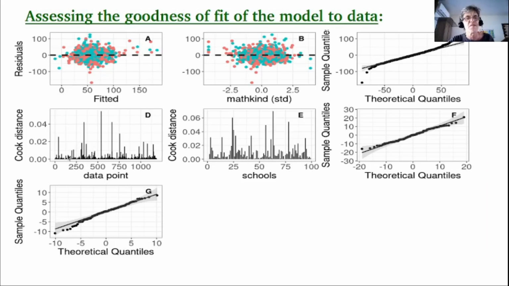In terms of the Cook distance, telling us the sensitivity of the estimated parameters to the influence of each point, we see that there are a few points that might be of interest to have a look at, for instance point 500 and so, and that there are some schools that happen to have an undue influence on the values of the estimated parameters.